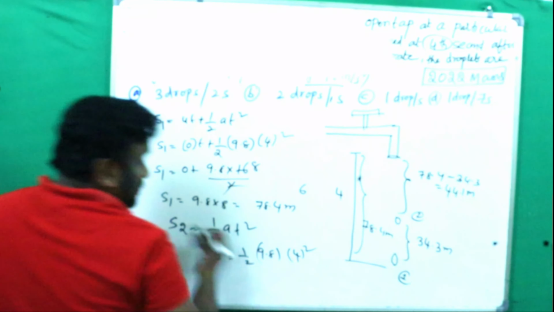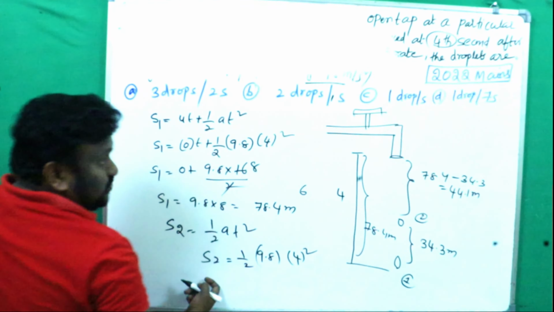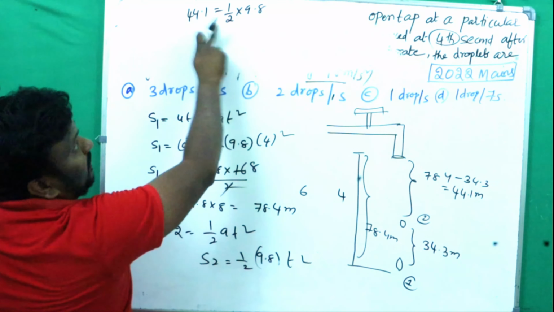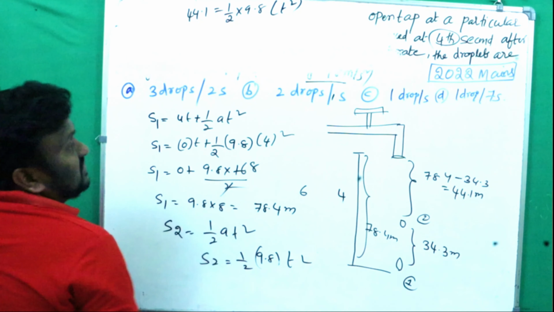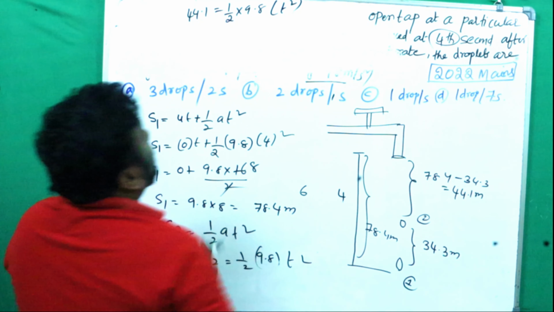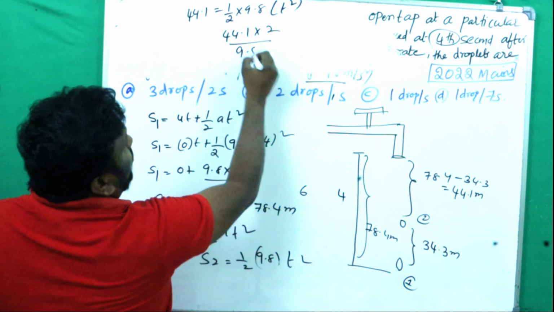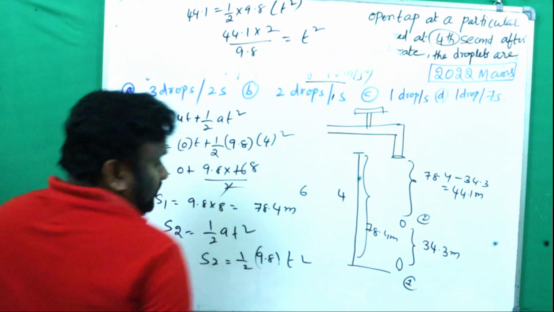Look here, S2, the distance traveled, is 44.1 meters, equals 1 by 2 of 9.8 into t squared. We have to find the time only, actually. So t squared equals 44.1 into 2 by 9.8. Clear?